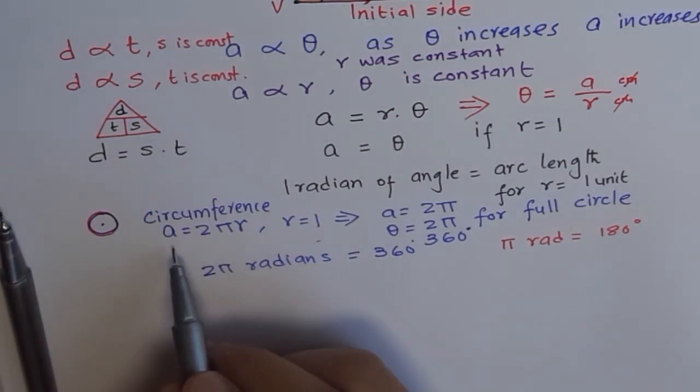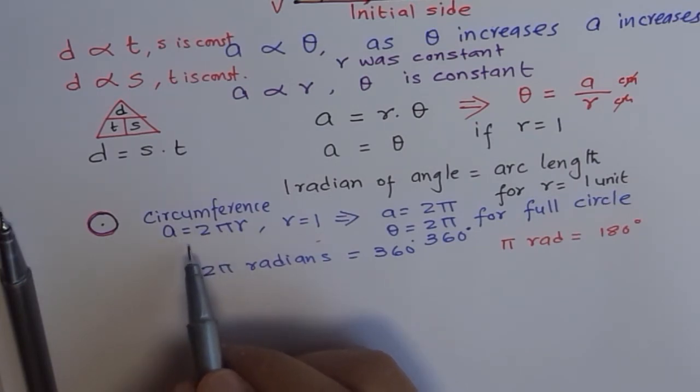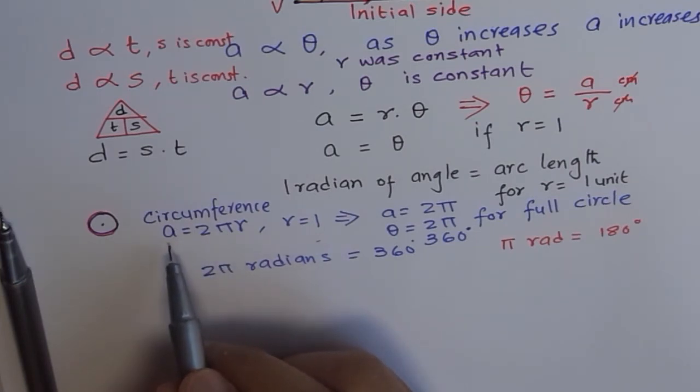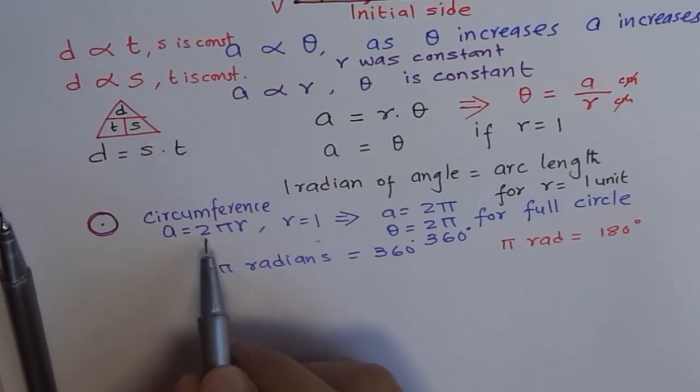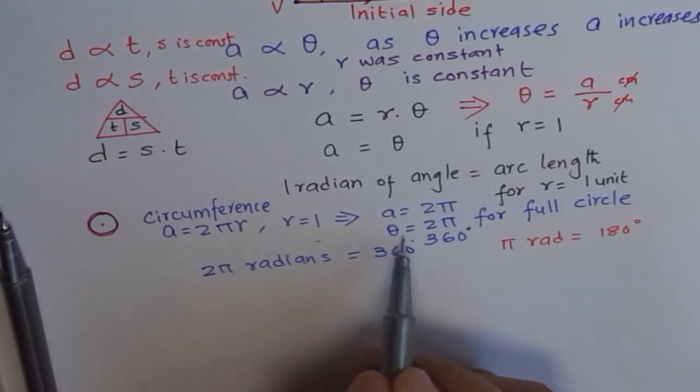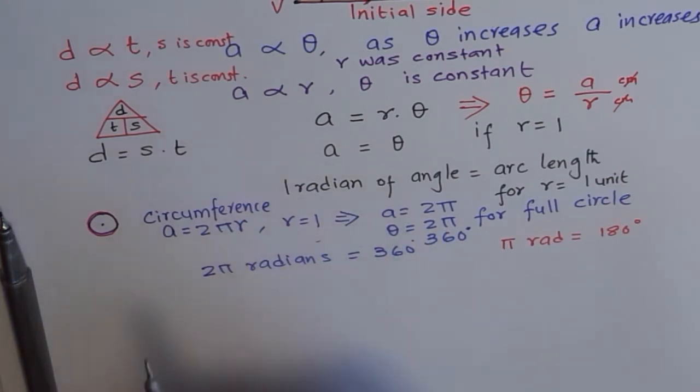And the definition of theta says theta is A, the angle subtended at the center, provided r is 1. So if I put r as 1, I get A equals 2 pi, that means theta is 2 pi. So for a full circle in radians, the angle is 2 pi, just as in degrees we have an angle of 360 degrees.